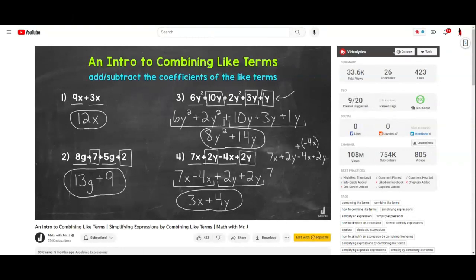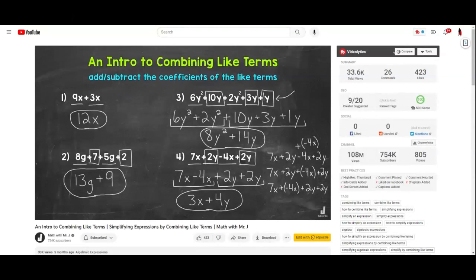Let's rewrite the expression with that change. So we have 7x plus 2y plus negative 4x plus 2y. Let's rewrite that expression with like terms next to each other. So 7x plus negative 4x plus 2y plus 2y.